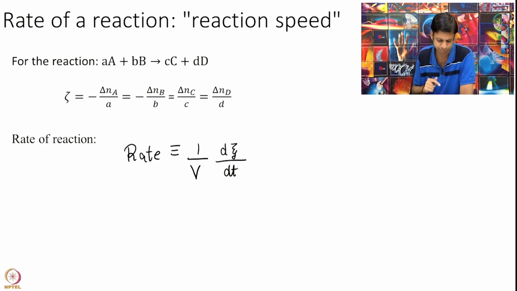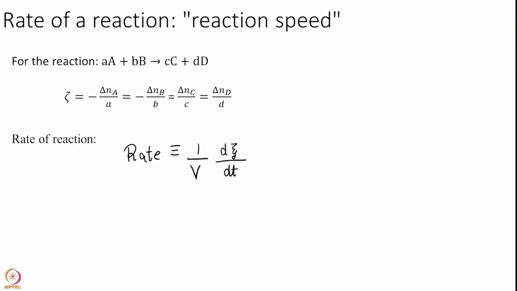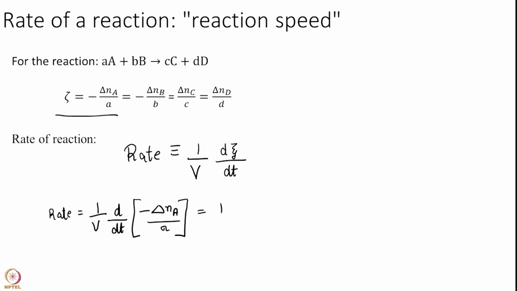Nonetheless, let us just substitute it in this equation here. So, rate is equal to 1 over volume d over dt of minus delta Na over A. So, I will take A outside, and what is the definition of delta Na?